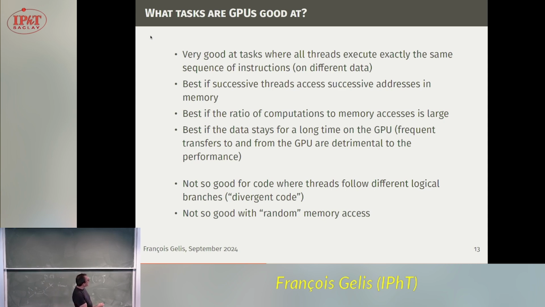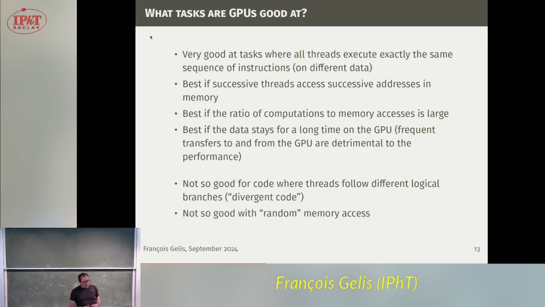Another thing we will see in the little example I will show you later is that they work best if you have a lot of computations compared to the amount of memory you need to read.